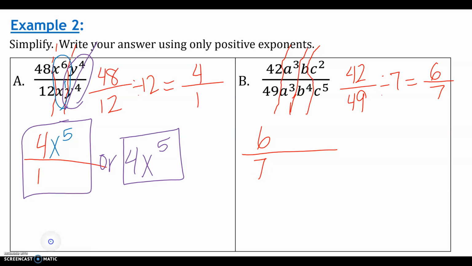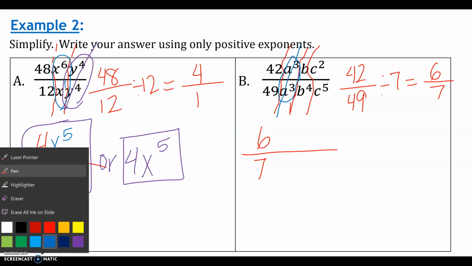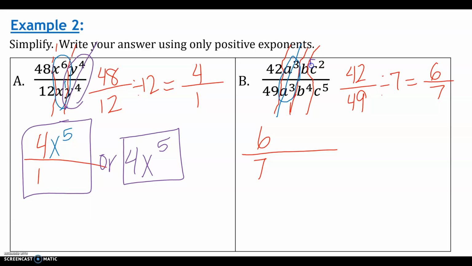All right, let's go ahead and do the a's. Well, a cubed over a cubed, if they're the same, they're going to automatically cancel. Let's do the b's. This is b to the 1st over b to the 4th. If you subtract, you're going to get b cubed, and it goes on the bottom because the 4 was bigger than the 1.